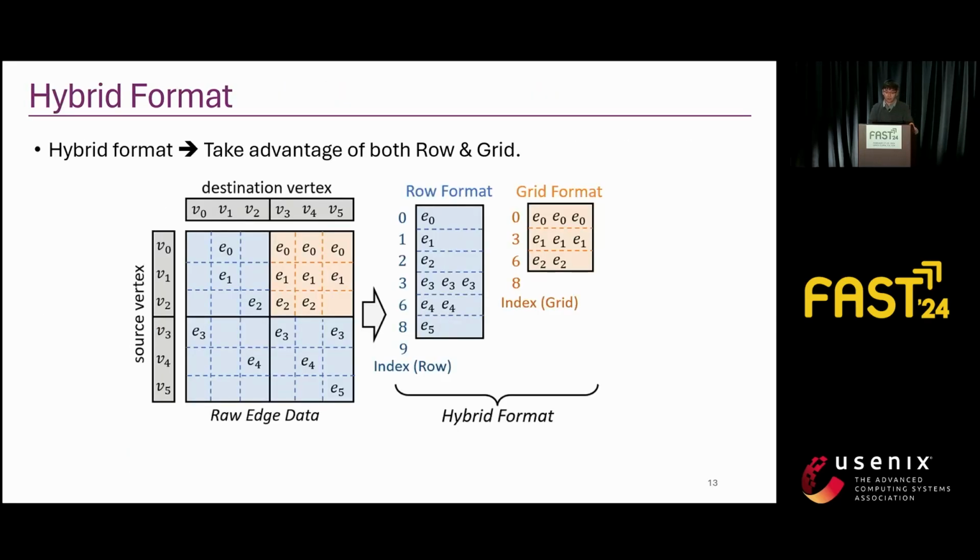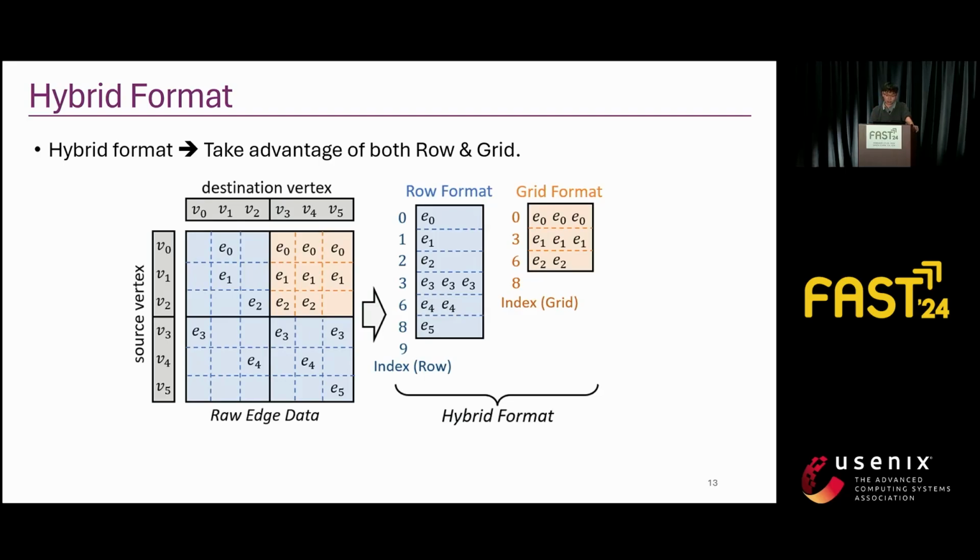Based on this observation, we propose the hybrid format. The hybrid format combines the row and the grid format to exploit both of their advantages. If the edge block is dense, we can expect a lot of vertex attribute accessing during the graph computation, which means we need good locality.